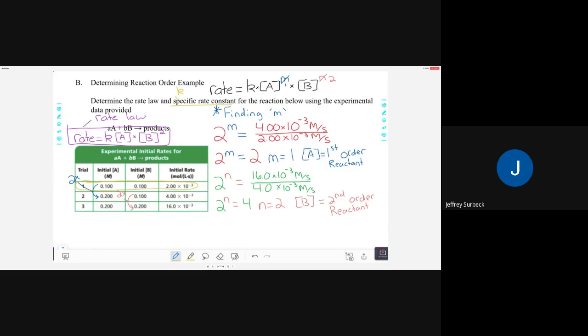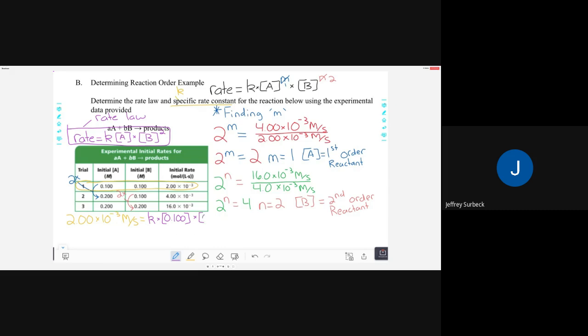So 2 times 10 to the negative third M/s is equal to, we don't know K, so I'm going to leave K just as that, K for constant, times our concentration of A, which is 0.100 raised to that first power, which we don't need to put, times the concentration of B, which is also 0.100.